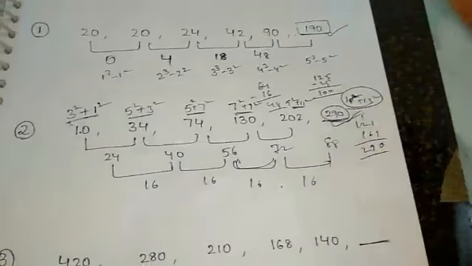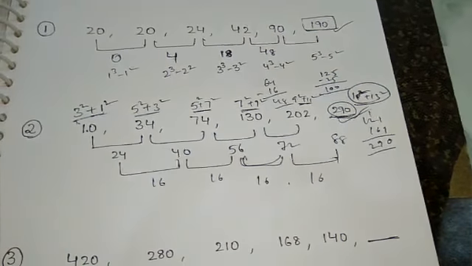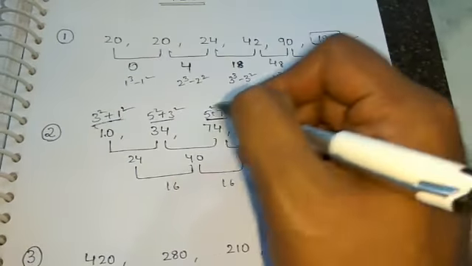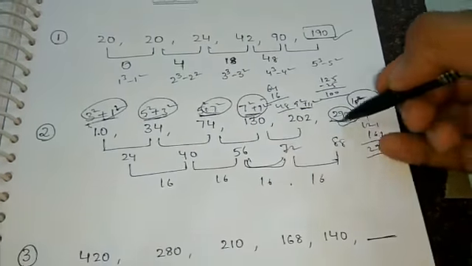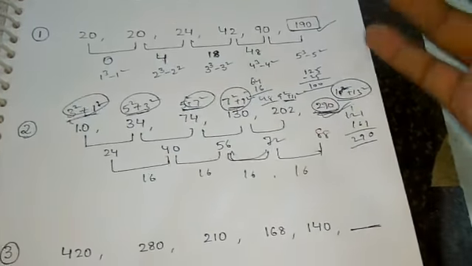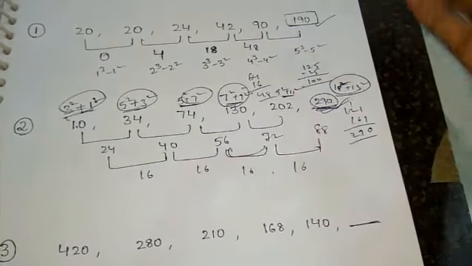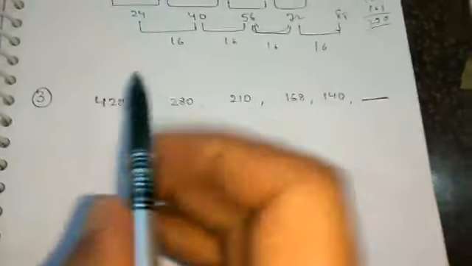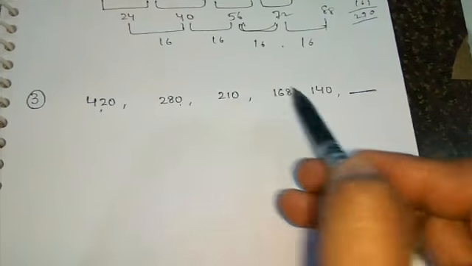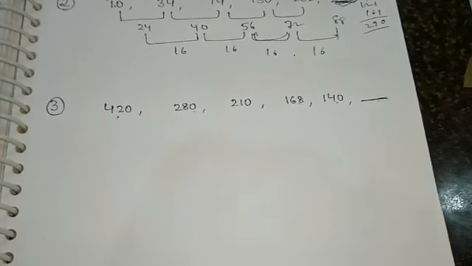If we practice very well, then we can catch these types of things. Then only we can get these miscellaneous hard questions which don't have any proper methods. So, seeing the last question: 420, 280, 210, 168, 140 and the next one is a question mark.